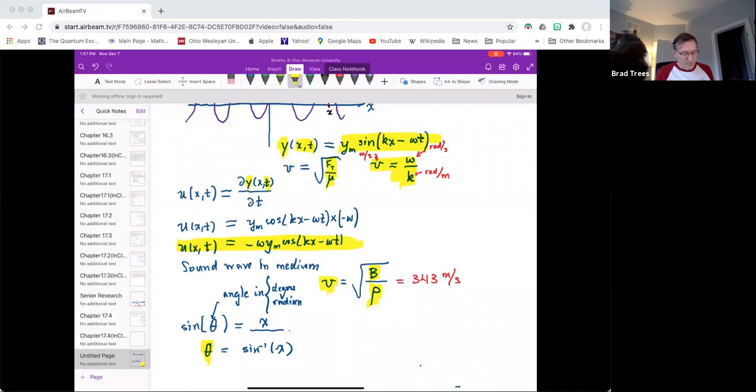Now, in chapters pretty much 15, 16, and 17, we had to deal with sines and cosines, and the sines and the cosines had arguments. Let's do the wave function we had up above for a transverse wave on a string: sine of kx minus omega t.